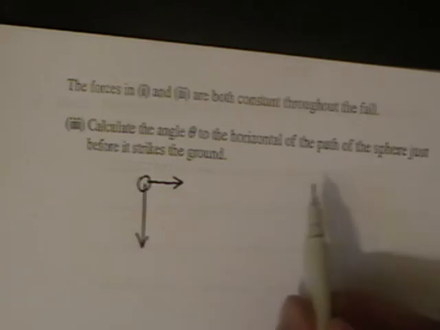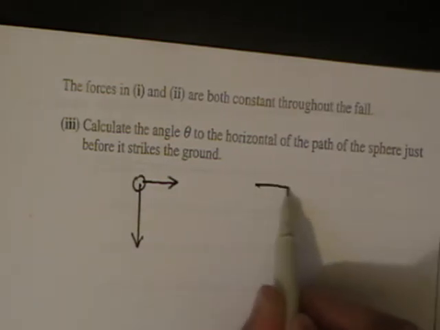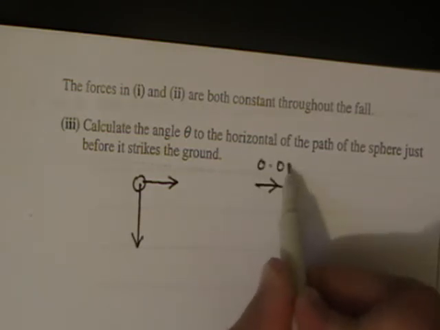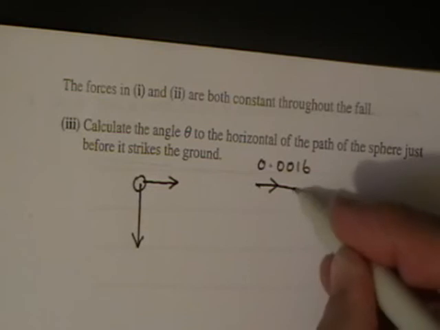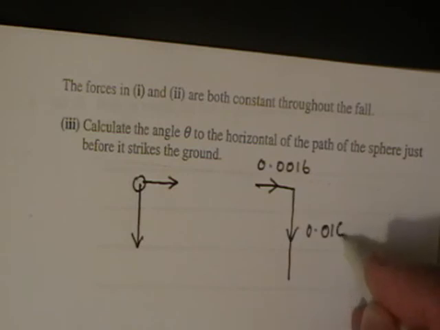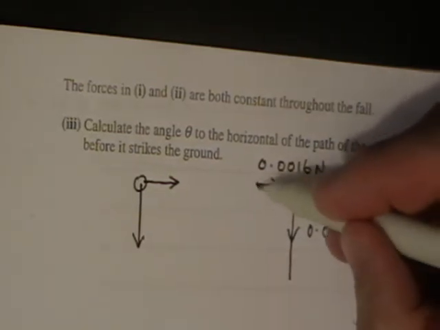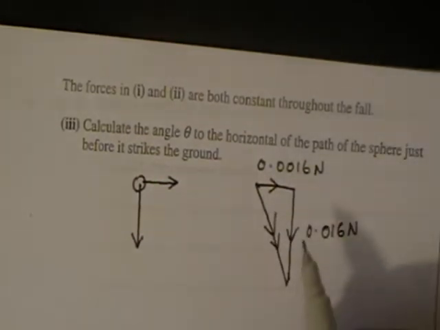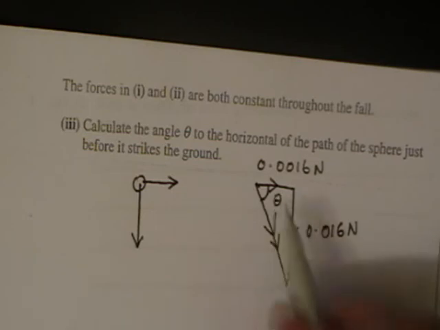We're going to calculate the angle to the horizontal, so the value going across is equal to 0.0016 newtons, and the value down is equal to 0.016 newtons, which gives us a resultant force like so, and that angle we'll call theta.